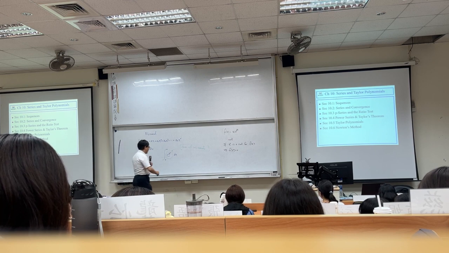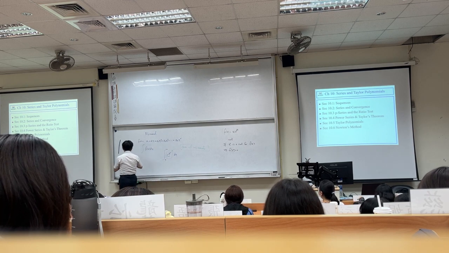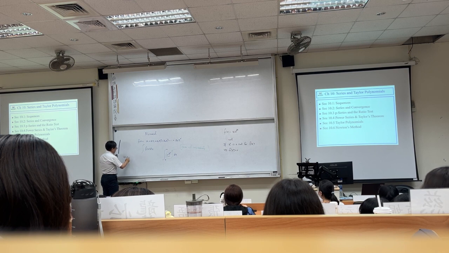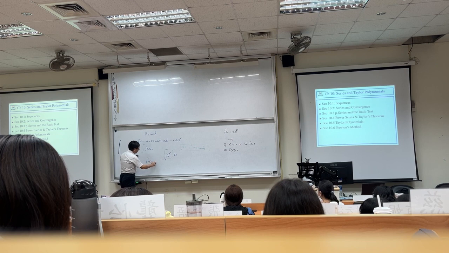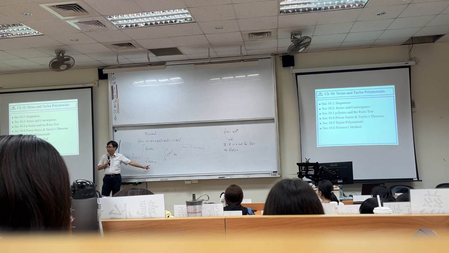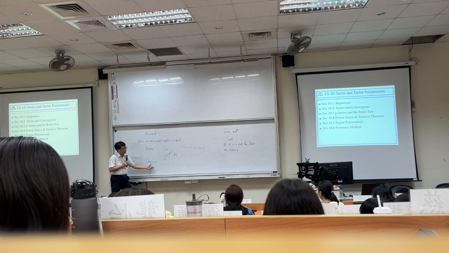You want to maximize something, you want to minimize something, right? What you need to do is find the critical point, critical number. So taking the first derivative, say equals 0.